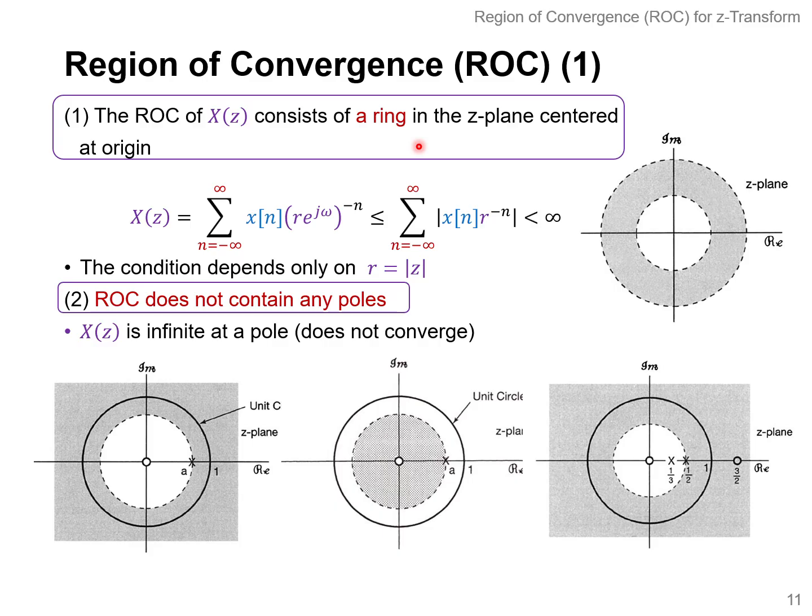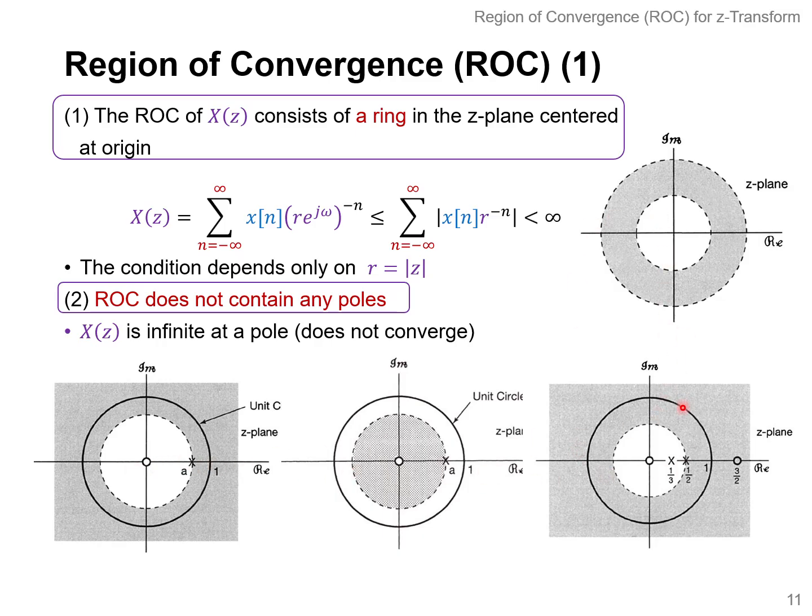The ROC is a ring centered at the origin. The convergence depends only on how far z is from the origin, not on the angle. So this means the ROC can be inside a circle, outside a circle, or between two circles. The shaded areas show different possible ROCs.